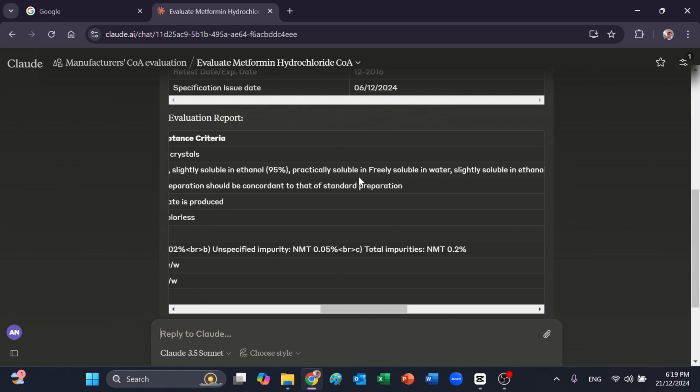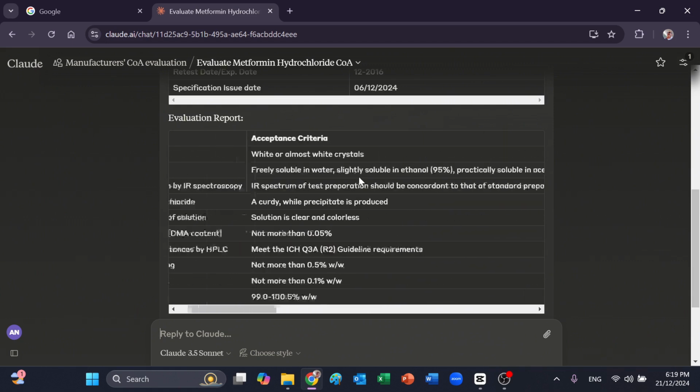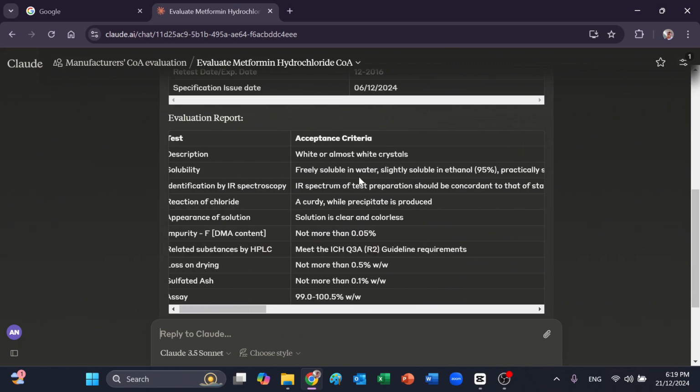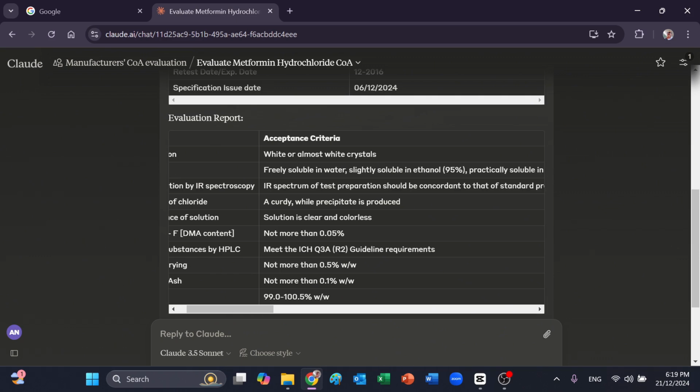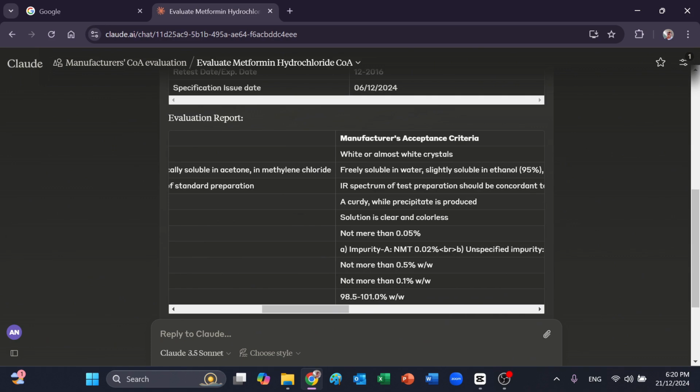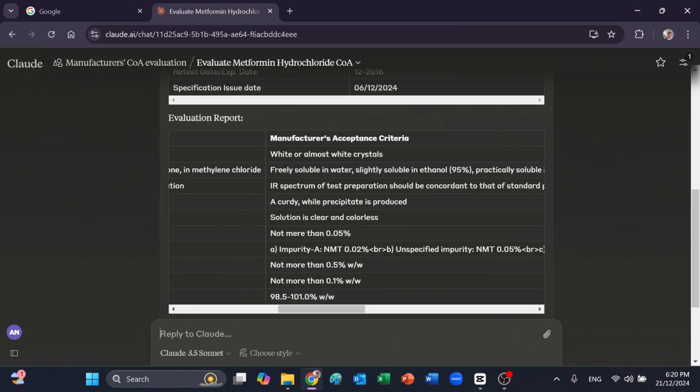If the test or the acceptance criteria in our specification and in the supplier specification are similar, it will comply. For that, white or almost white crystals in our specification and in the manufacturer's, so it complies, and so on.